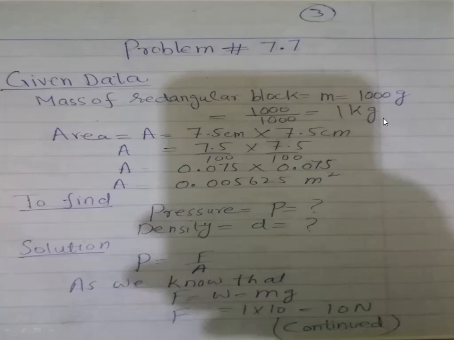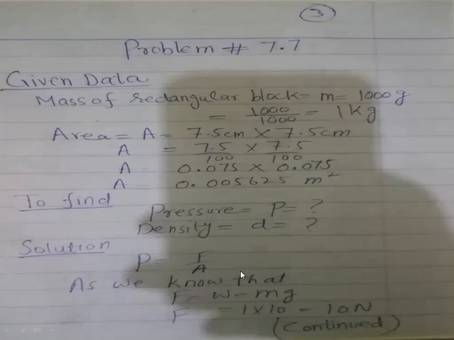The mass is given as 1 kilogram, which I converted earlier. The value of g, acceleration due to gravity, is 10. If you multiply 10 by 1, you will get 10 Newton. Force I found to be 10 Newton.